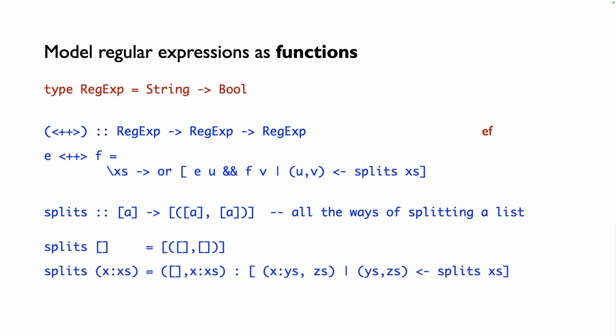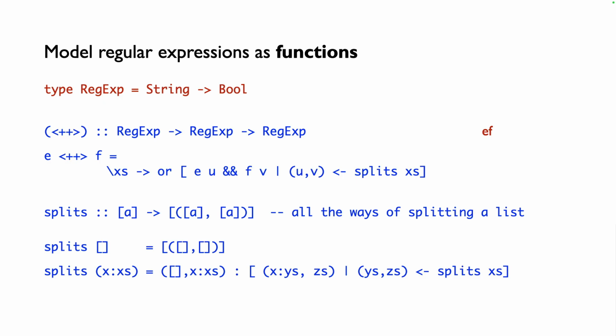Oh, and I said I'd explain how splits works. Now, one definition of splits is to define it recursively. So what are the splits of an empty list? There's just one, both halves are empty. What about the splits of a list x cons xs? Well, there is the split where you have the empty list and x cons xs.